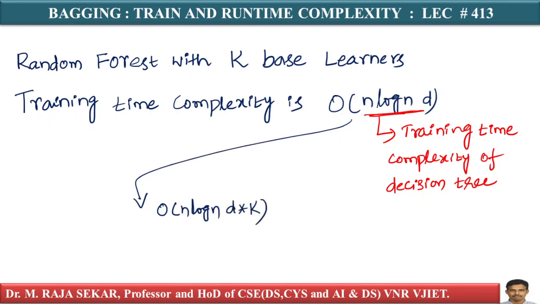Just see, the training time complexity of a decision tree is n log n d. I am multiplying that with k because I am training k base learners parallelly. The training time complexity of random forest is order of n log n into d into k.